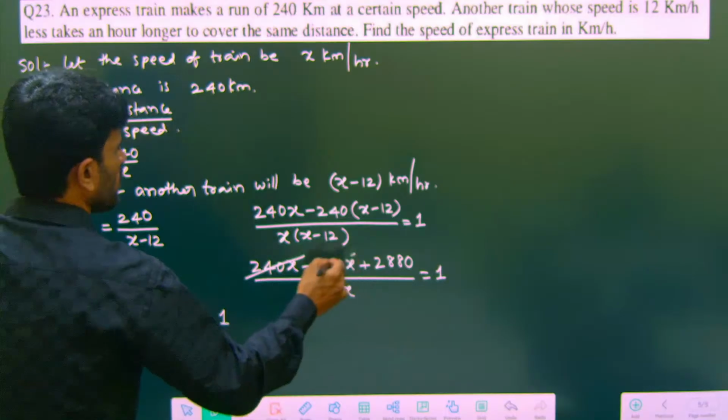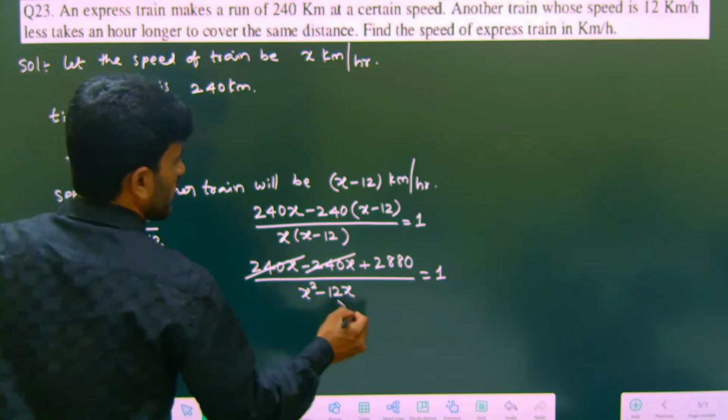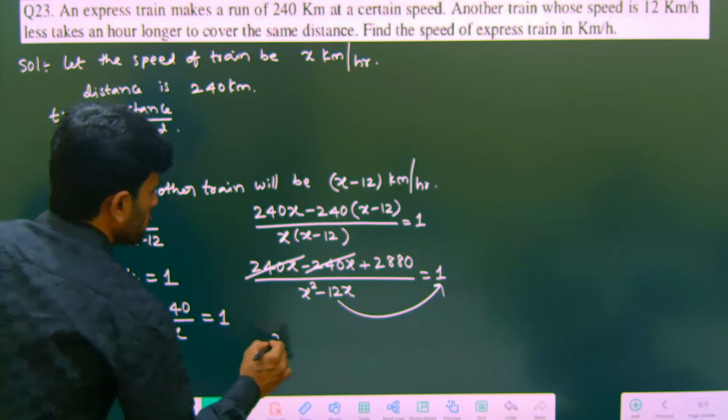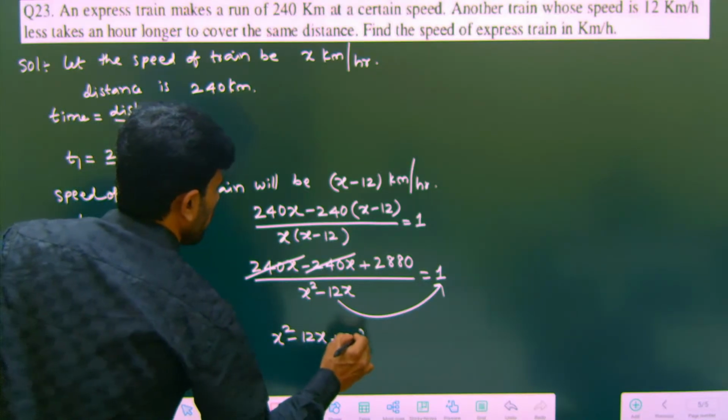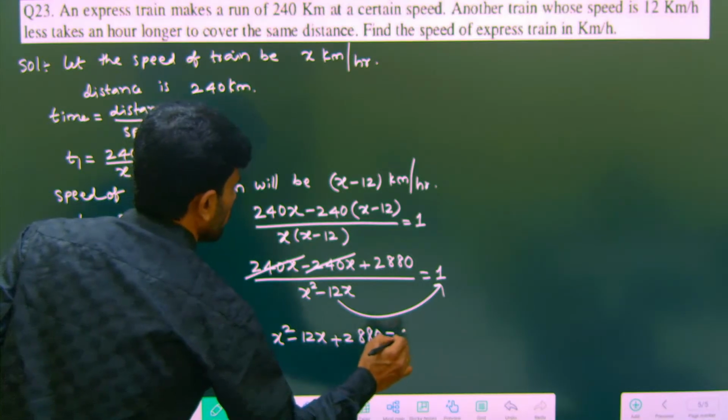Here 240x minus 240x will cancel. The equation becomes x square minus 12x plus 2880 is equal to 0.